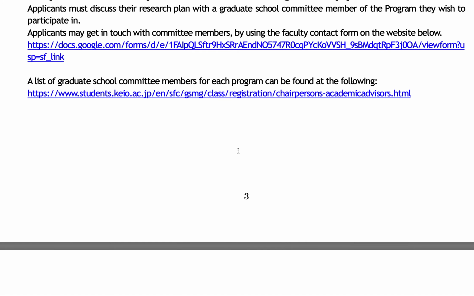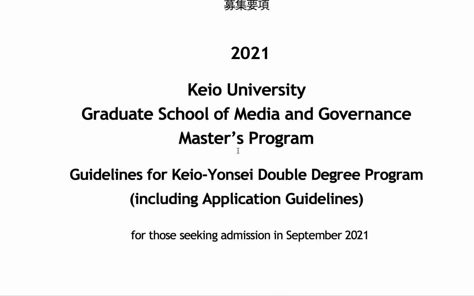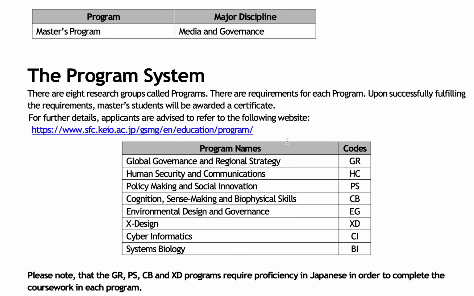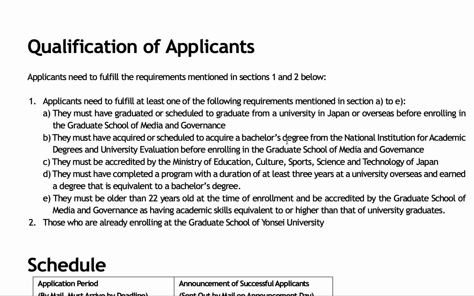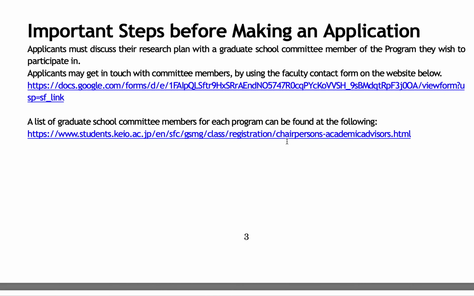This is the more detailed one, so you should look at this guideline. Keio University Graduate School of Media and Governance Master Program. Yeah, look at this one and the criteria, qualification. Yeah, okay.